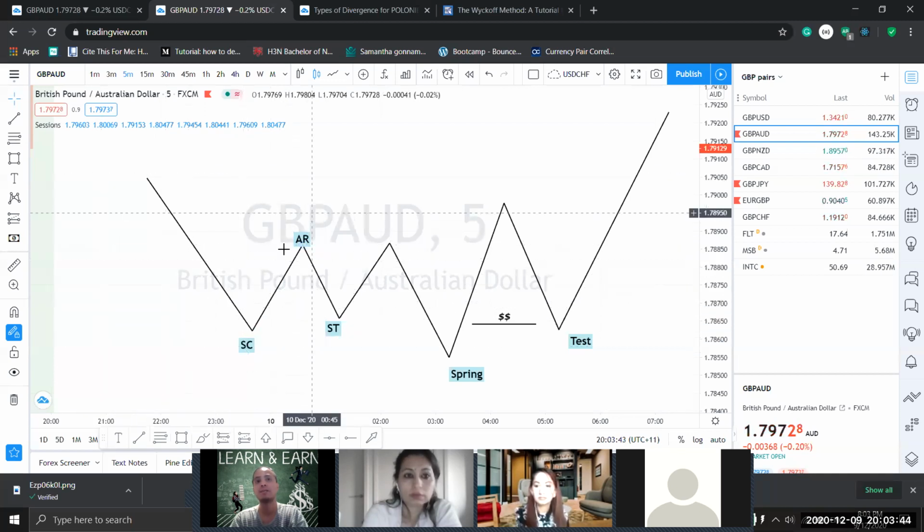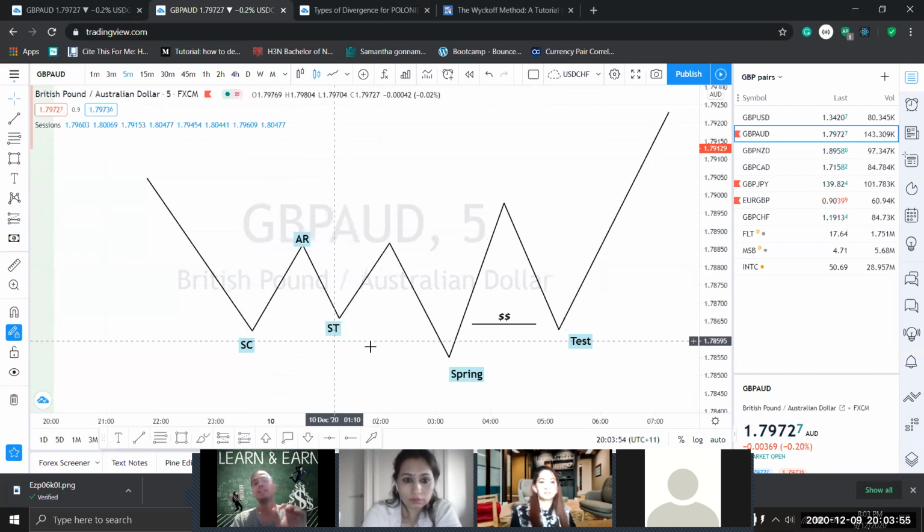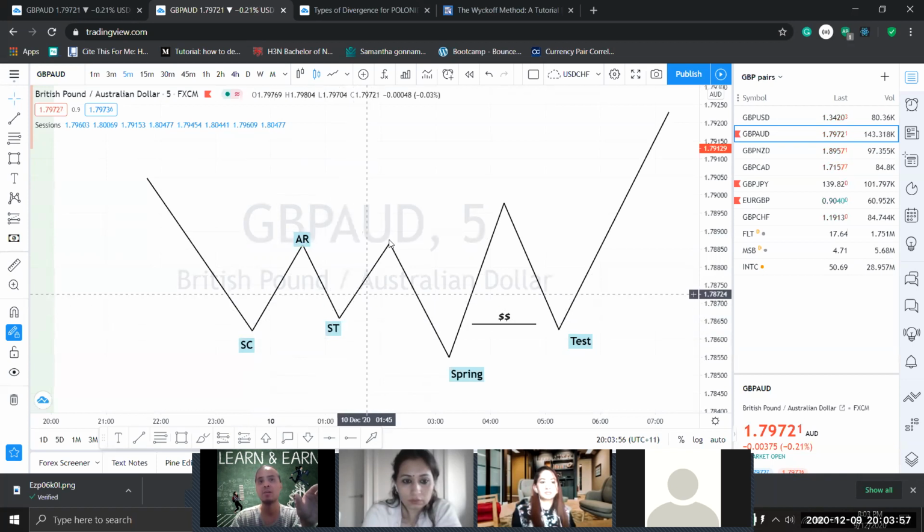That means some kind of retracement. And in your secondary test, most of the sellers are taking profit, and buyers are jumping into the market. But what happened?